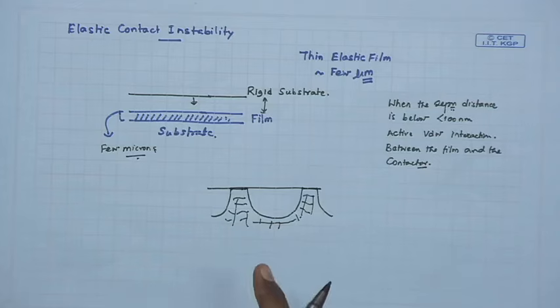So there is now a competition again. In case of dewetting, we talked about a competition where the surface tension tries to stabilize the film and the disjoining pressure tries to destabilize the film. Here again, this disjoining pressure originates from van der Waals forces, and the van der Waals forces are trying to destabilize the film.